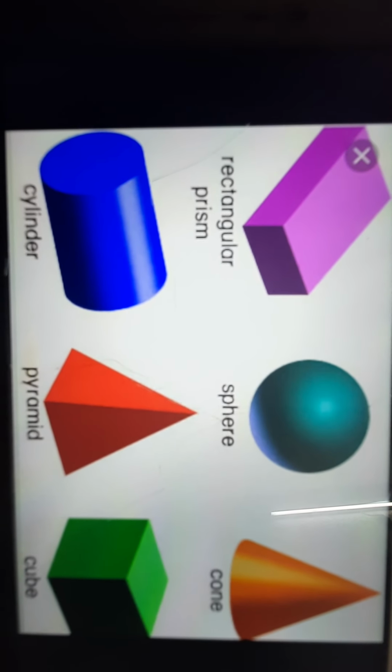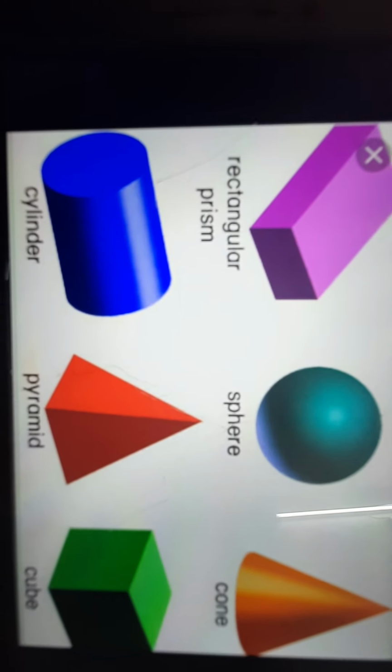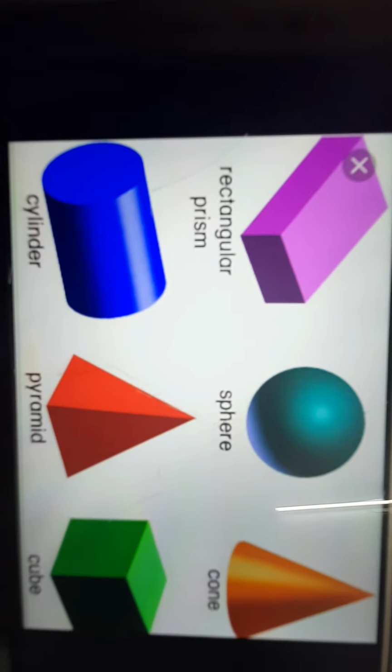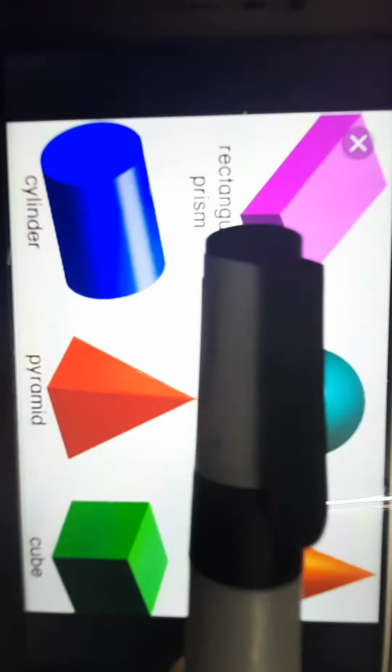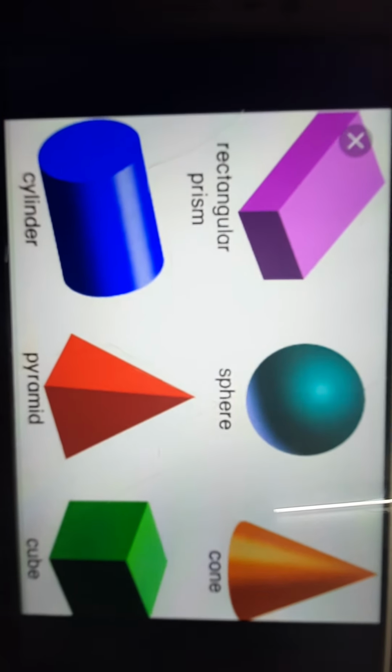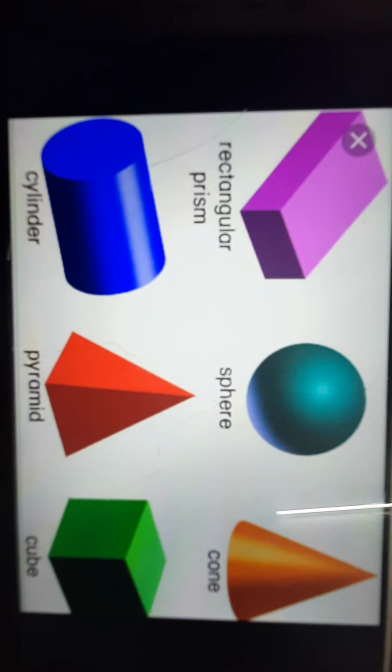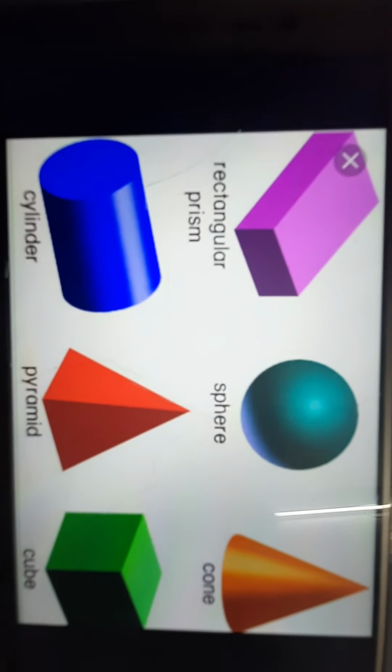Through this picture you can recognize which is a pyramid and which is a rectangular prism, which is a sphere, which is a cone, which is a cylinder, and which is a cube. So this will make your concept clear.